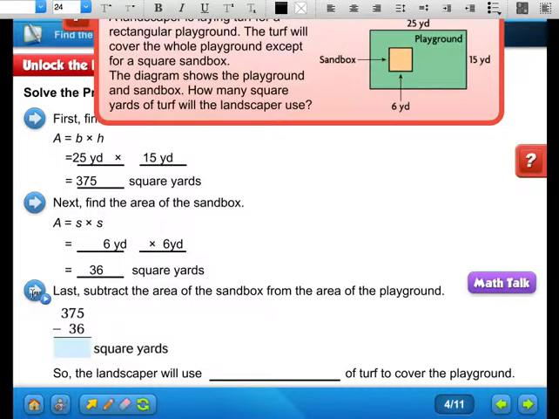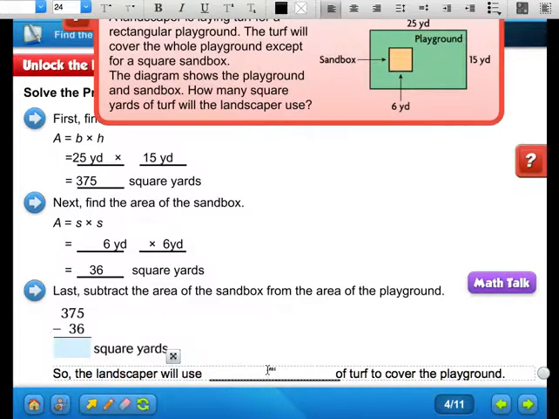Now what you have to do is subtract that, because you've gotten the total of this whole thing. Now you're going to take out that chunk of the center right there. It's almost like you have a whole cake and then you just took the center of the cake out. So if you have 375 minus 36, what will you end up with?